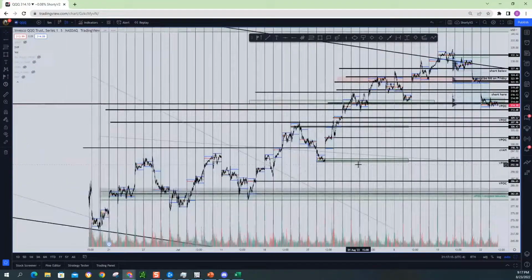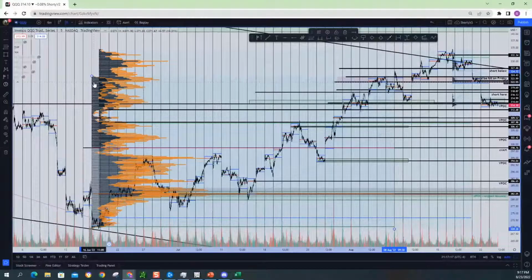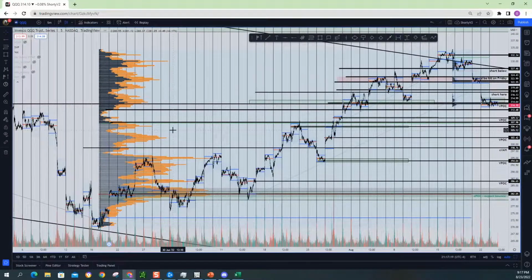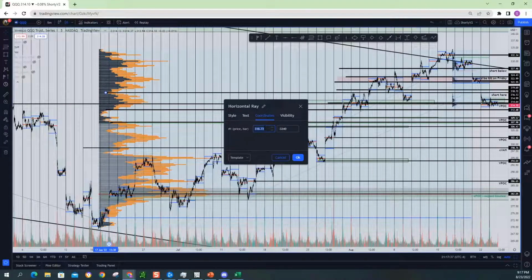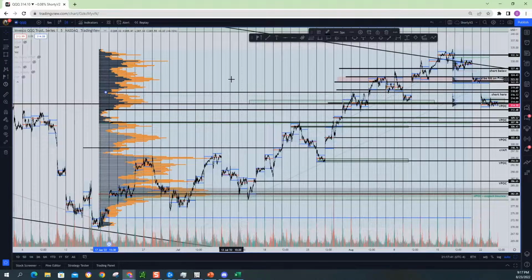Let's see. I'm pretty sure it's one of these levels here. Let's see, 318.87. I don't know what we did last time. That's 87, right? Let me just look at price action real quick.